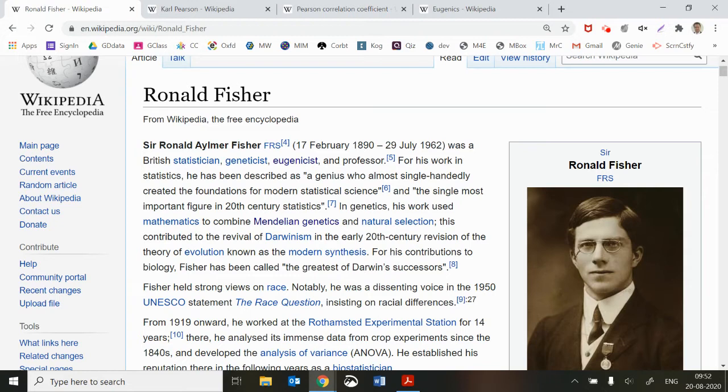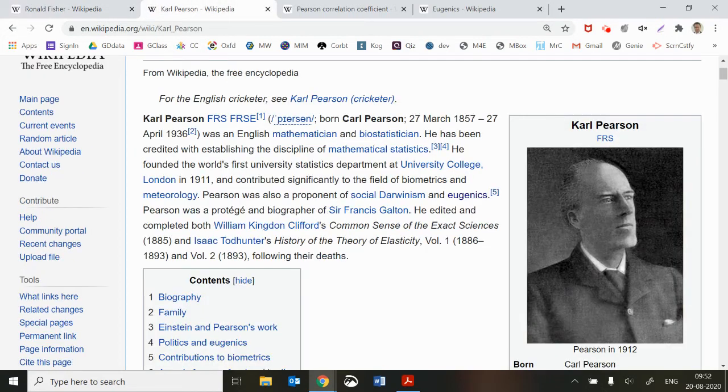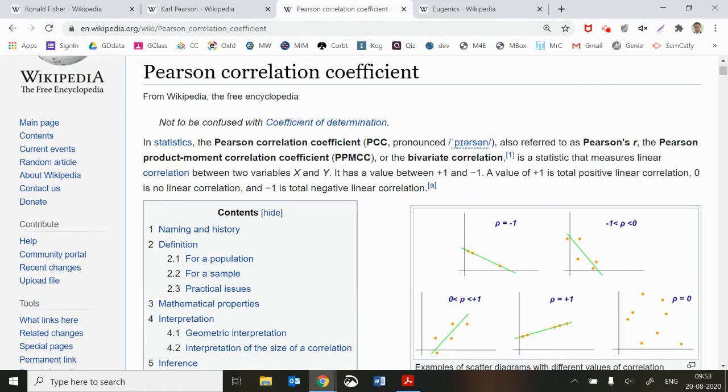So he's into statistical science, and Carl Pearson is more into mathematical statistics, right? And you might be interested in reading about these guys. Some of these guys have given their names to things. For example, you'll find out about the correlation coefficient later on, which is often called the product moment correlation coefficient. Sometimes it's called Pearson's correlation coefficient.